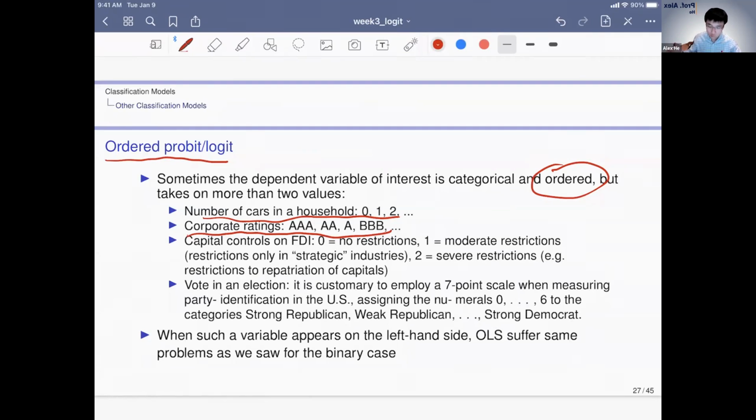So it's ordered, and it's not continuous. One thing you could potentially do is convert these ratings to numbers, right? I can call AAA 5 and AA 4, A 3, and so on.